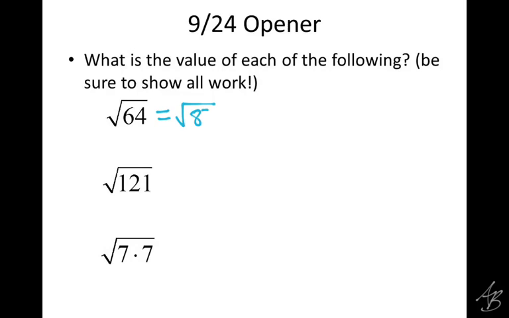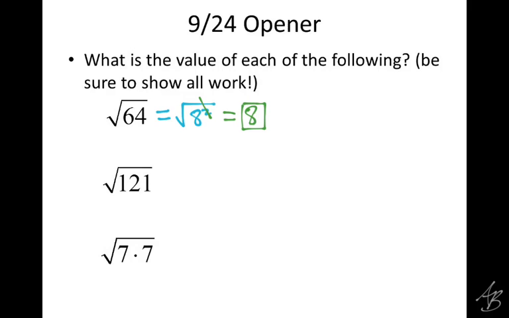So the first thing we're going to do is rewrite it so the radicand is a perfect square, is a square. So instead of 64, we're going to write 8 squared. That's what goes on the inside of the square root. Now, the square and the square root are going to cancel each other out. So we're going to cancel the square and the square root out, and we get 8.